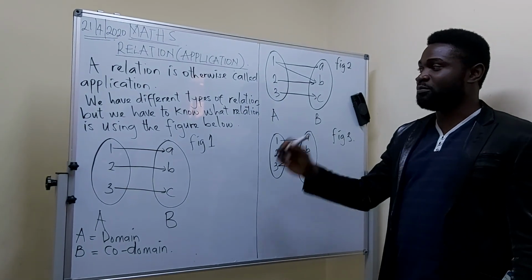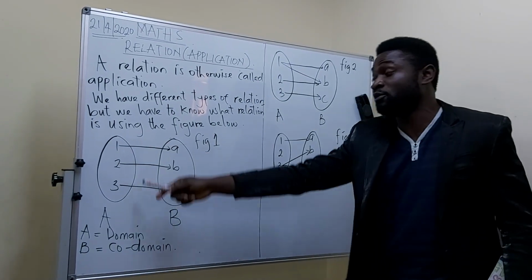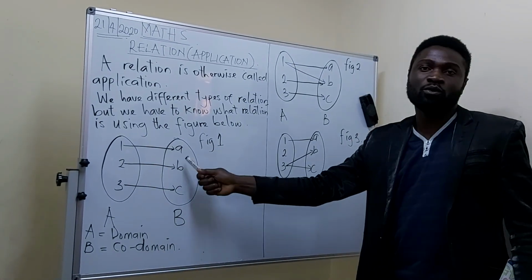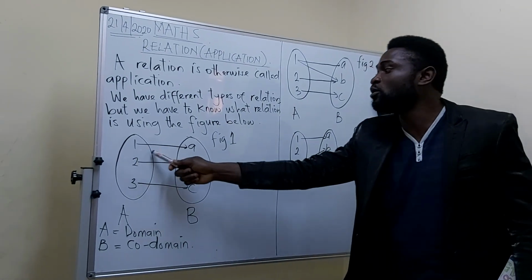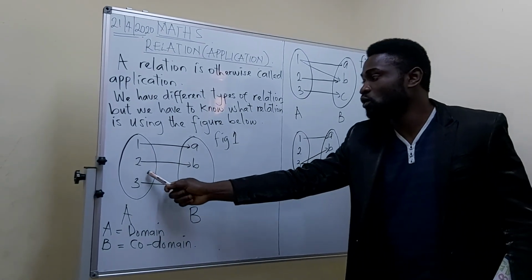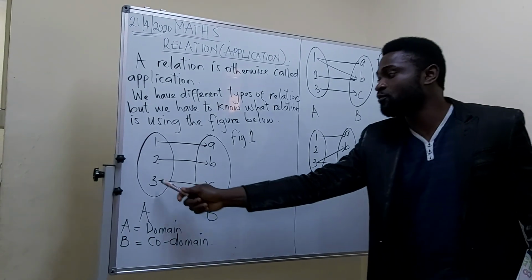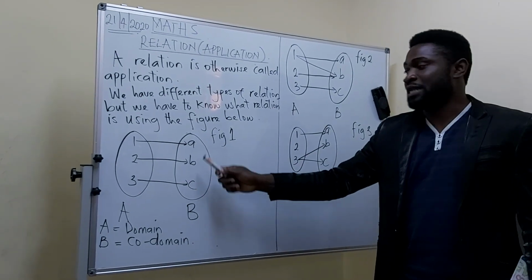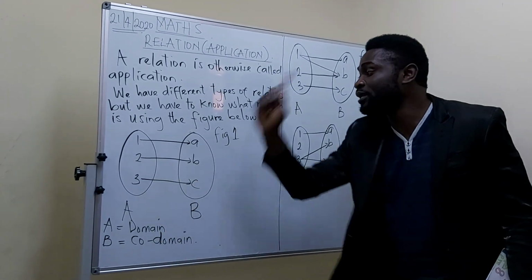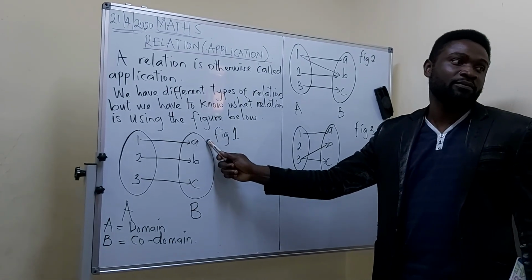I said it must be a relation if each element from the domain is binding with an element in the codomain. Now you can see 1 only goes to A, and 2 only goes to B, and 3 only goes to B. Not like 3 going to B and C, or 3 going to A, B. One element here can only join, bind, or connect with one element here.